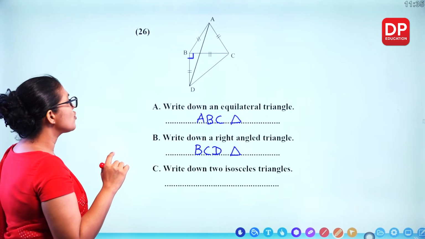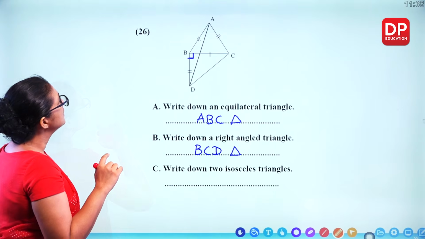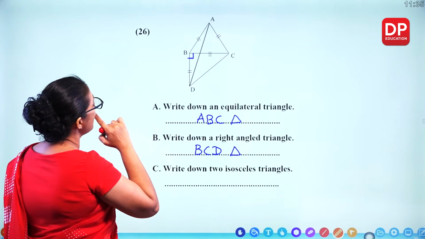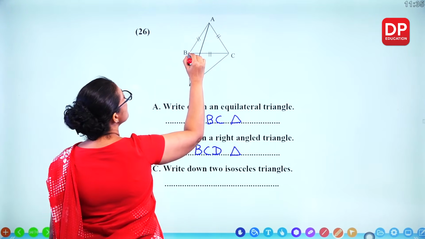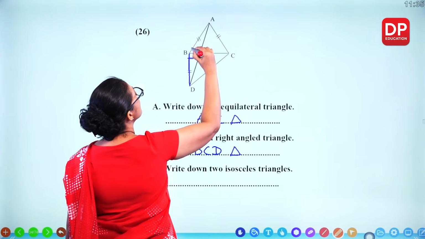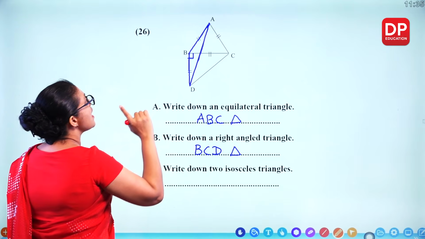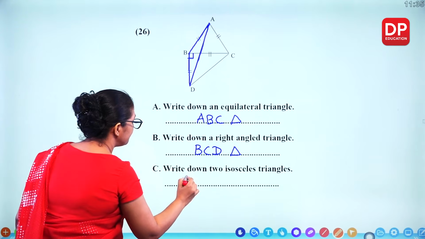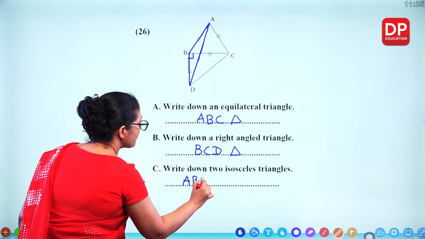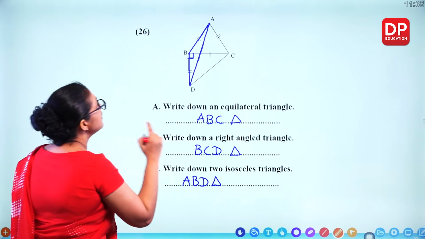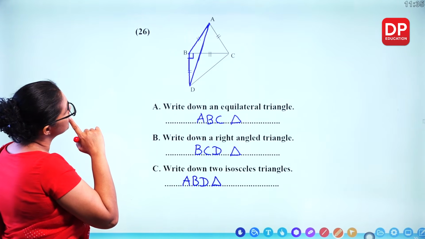Write down two isosceles triangles. Isosceles triangle, can you see? This one, this length, and this length. ABD. ABD triangle. And what else?